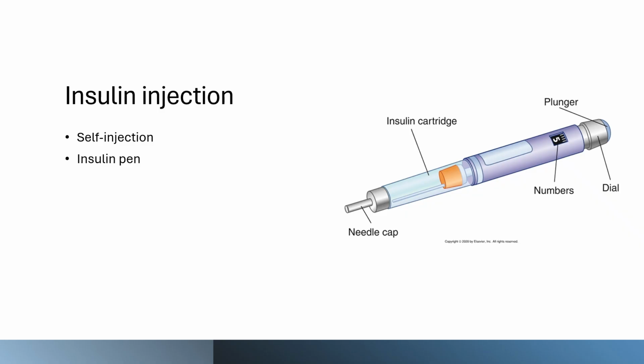Quite frankly, if somebody was being prescribed the insulin pen for the first time, I'd make sure that they know how to look at and understand the pen, understand how to administer, and I would do a teach back and have them demonstrate for me how they would administer the medication.